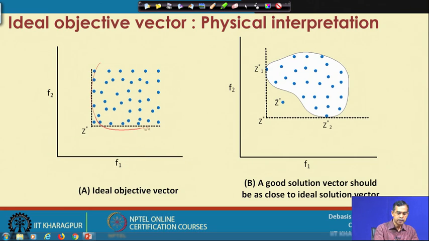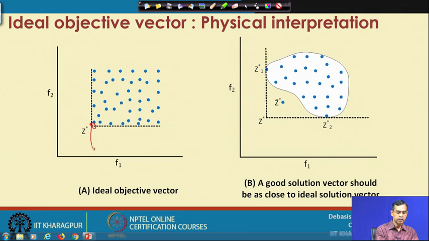This is the search space for the searching towards the optimum values. Out of this search space, we can see there is one solution, this one, which satisfies all the objective functions simultaneously.